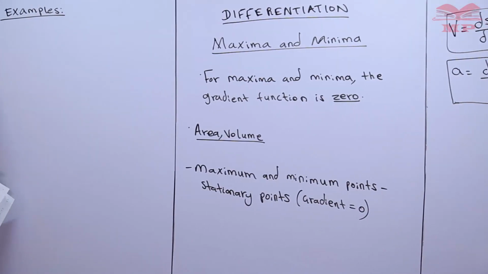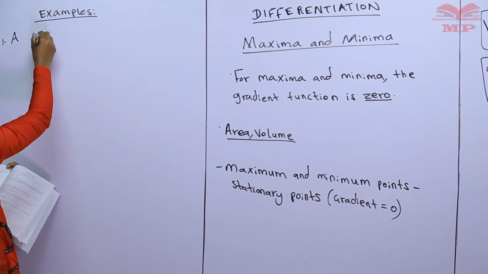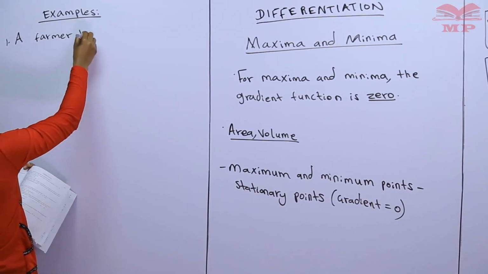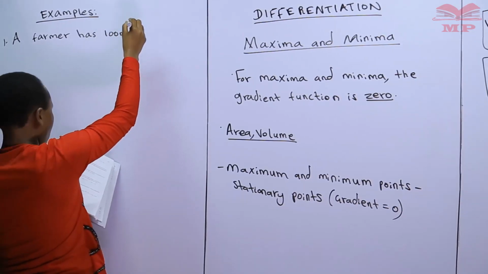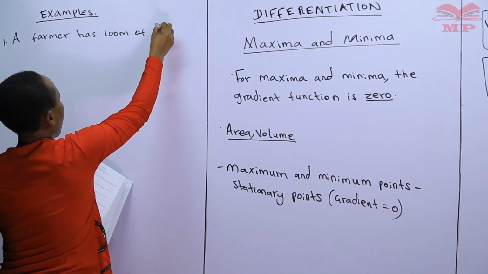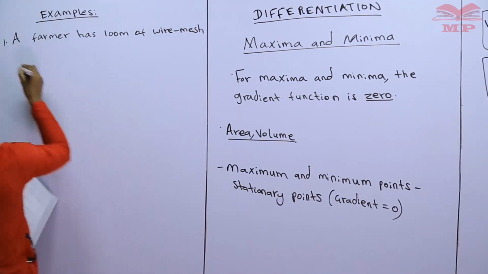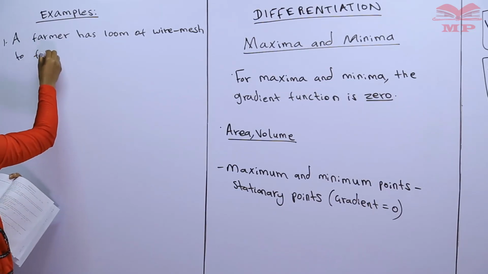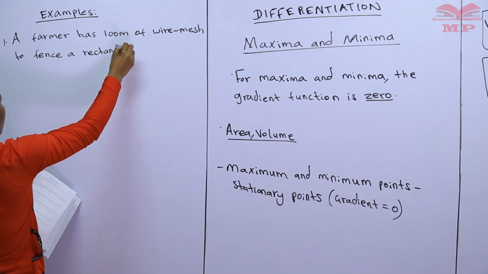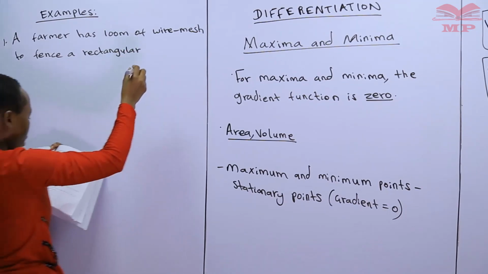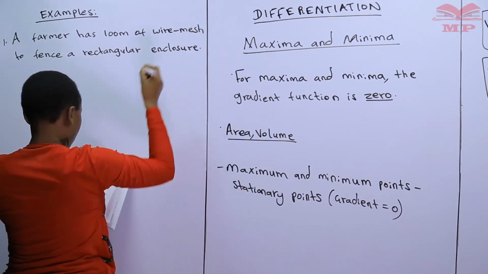Question number 1. A farmer has 100 meters of wire mesh to fence a rectangular enclosure.